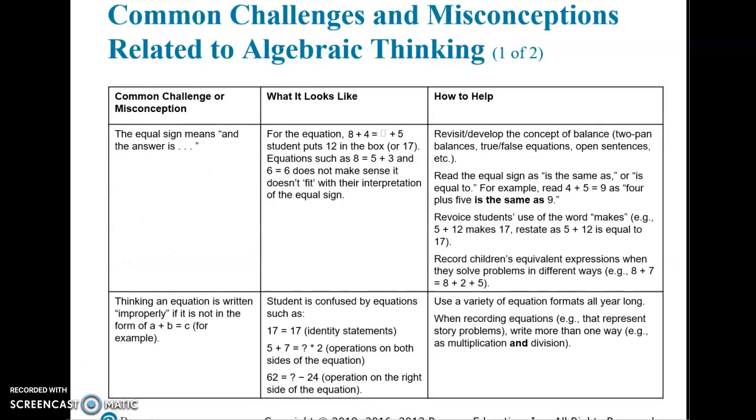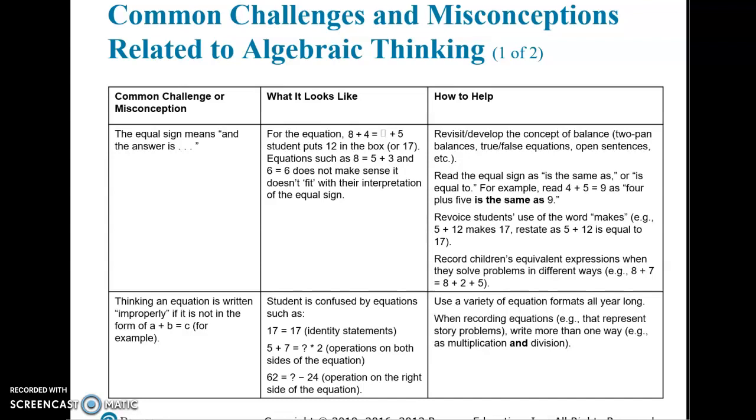Thinking the equal sign means "the answer is": revisit and develop the concept of balance, such as with pan balances, true-false questions, or open sentences. Thinking an equation is written improperly if it is not in the form of A plus B equals C: use a variety of equation formats all year long.